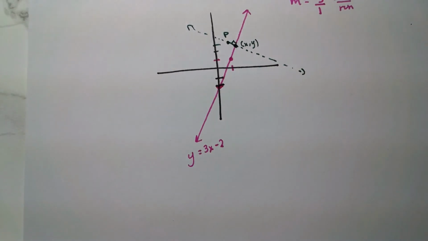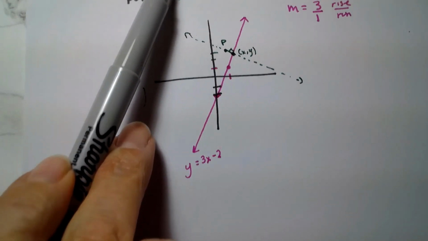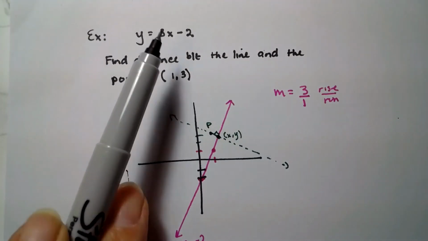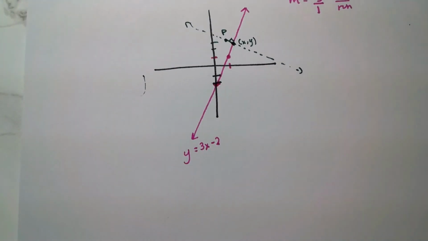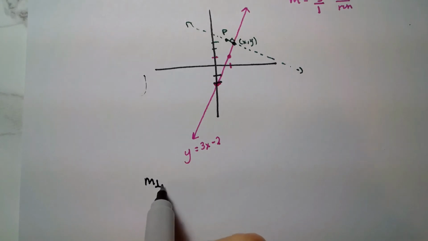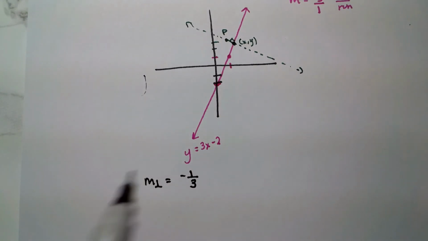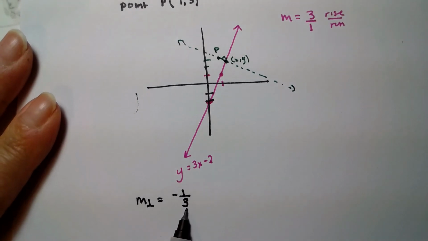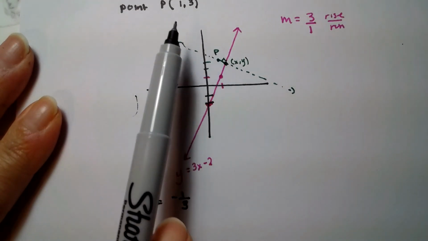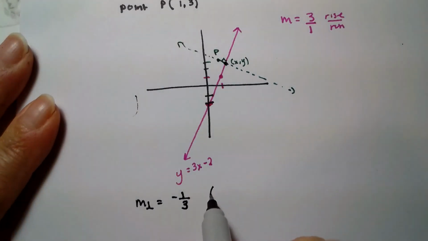I already know the slope of this line. It's 3, so the slope of my perpendicular line is going to be negative 1/3. What do I need? I need the slope of the perpendicular line, and I need the point that was given.